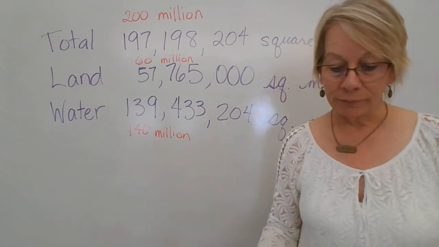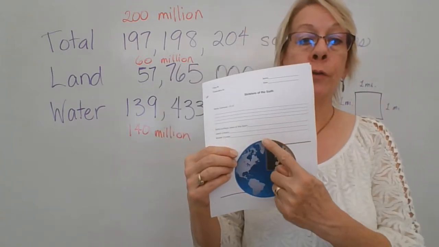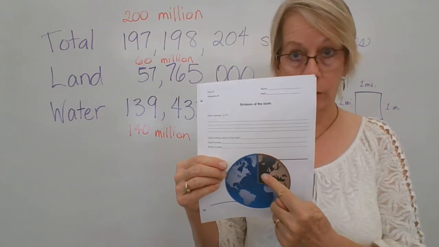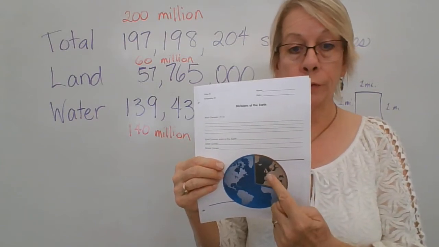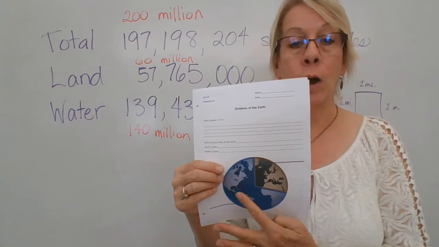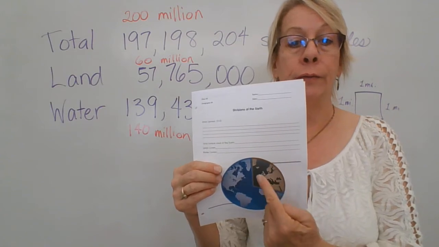All right, so that's what this drawing shows us. This is the portion, see how it's brown? This represents on a pie chart the part of the earth that's land, and this represents the part of the earth that's water. Now, this is water, and this is land, and this is land, and this is land, and this is water.